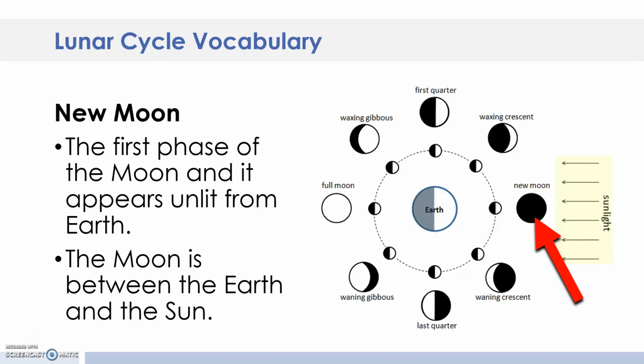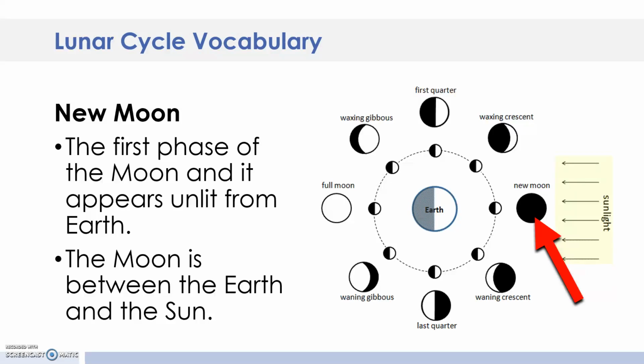So the very first phase that we talk about when we talk about all of the phases of the moon is the new moon. So we have over here in this picture, this diagram is really helpful in understanding what's going on here.